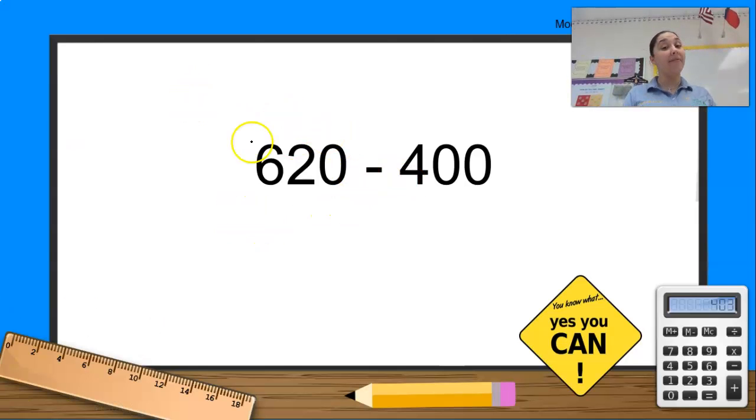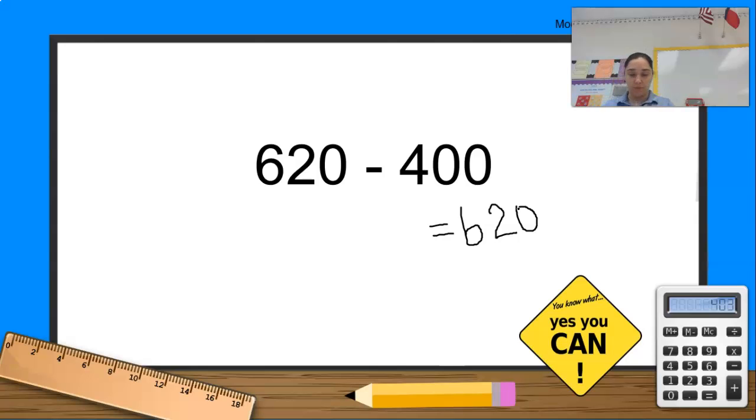If I have 620 minus 400, tell me, boys and girls, what is the whole? This is another way. What's the whole? Yes, if you said the whole is 620, you're absolutely right.